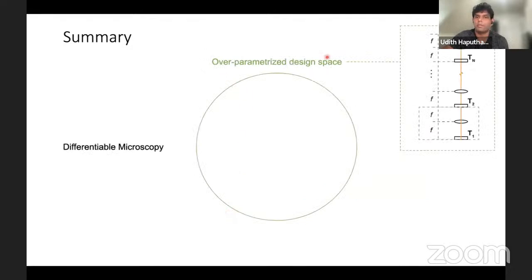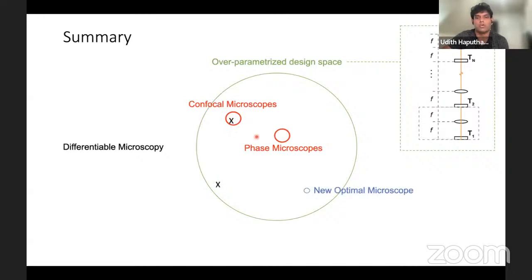But here we have a design space which includes, ideally, all the microscopes, confocal microscopes and phase microscopes. And our design is somewhere here, let's say, and we use some optimization method to come up with the confocal microscope or phase microscope.